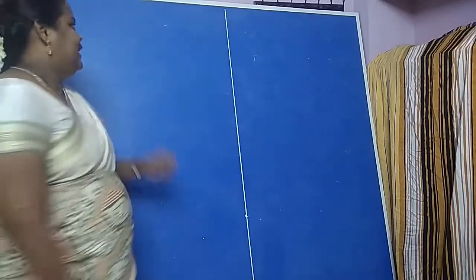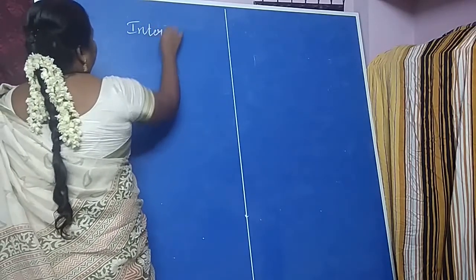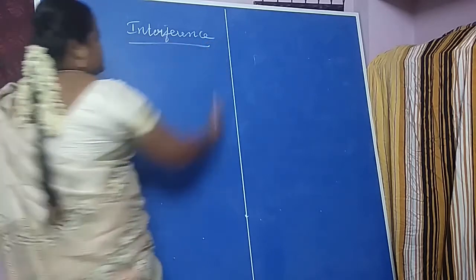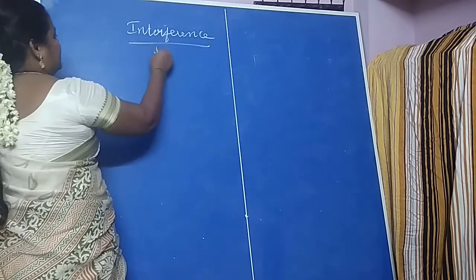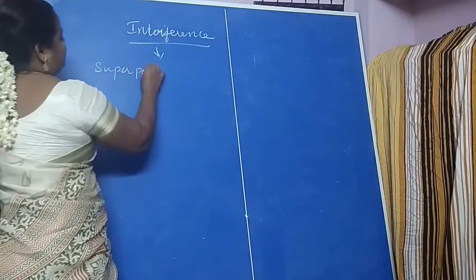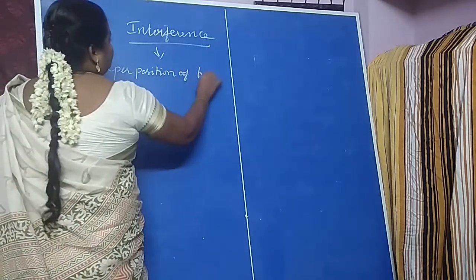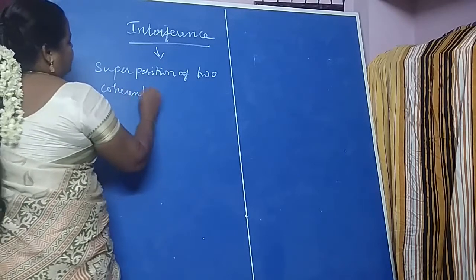In this video, I am going to teach the topic interference. Interference is the phenomenon of light. This is nothing but the superposition of two coherent waves.